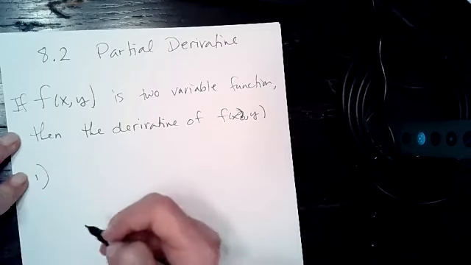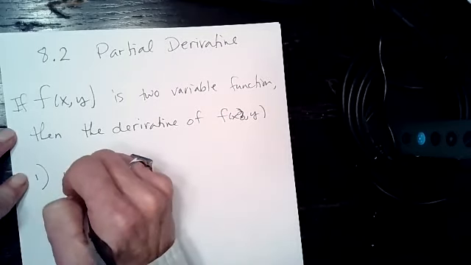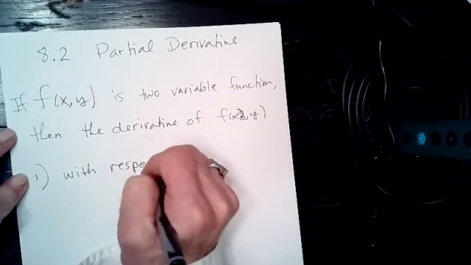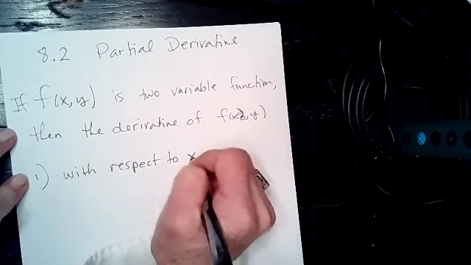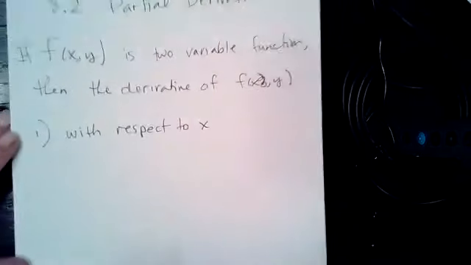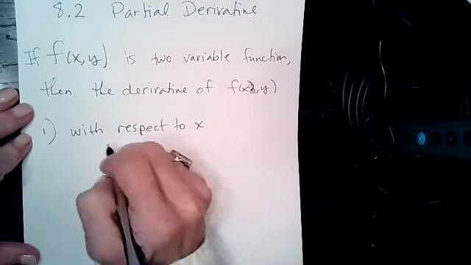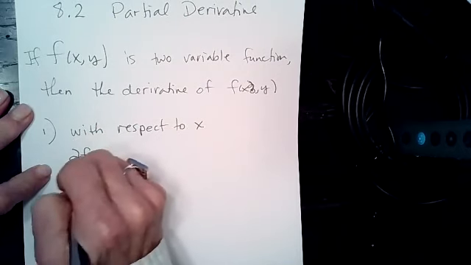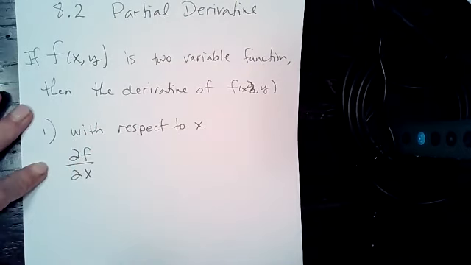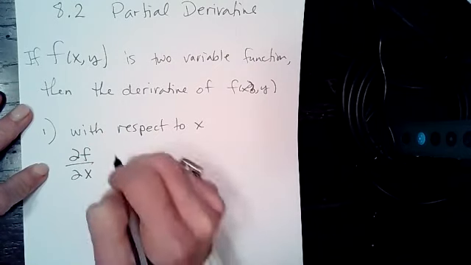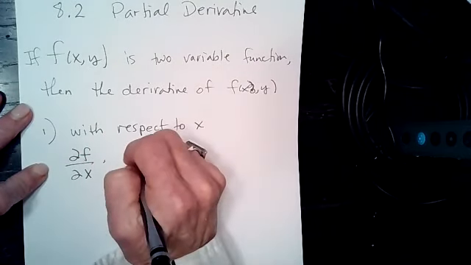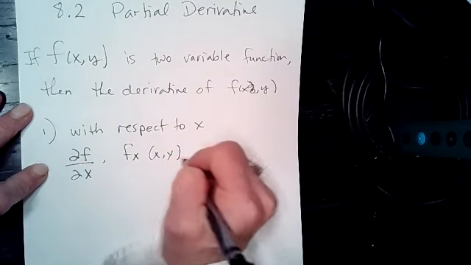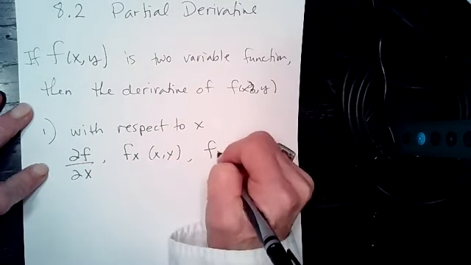We can take the derivative with respect to x. Okay, and so we'll talk about notation a little bit. So the derivative with respect to x would be the derivative of f with respect to x. Okay, that's just a funky notation that you use. Or they use the derivative with respect to x of xy, or they use the derivative with respect to x.